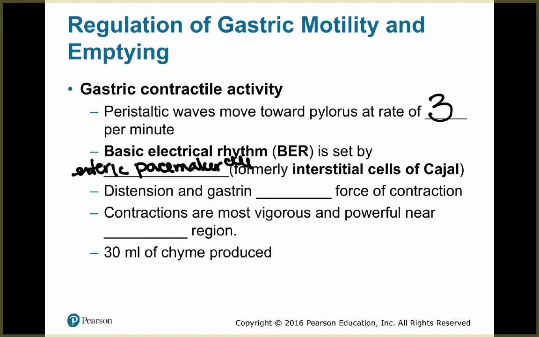Distension and gastrin increase the force of contraction. So the more it stretches and the more gastrin that gets released, the more it increases the force of the contraction to try to empty it. Contractions are most vigorous and powerful close to the pylorus, where the pyloric sphincter is, and 30 milliliters of chyme is produced. When it's delivered to the duodenum, it's delivered in about 3 milliliter spurts.